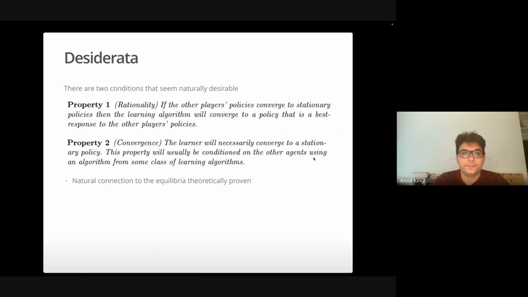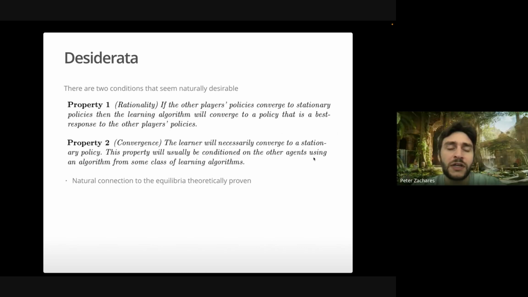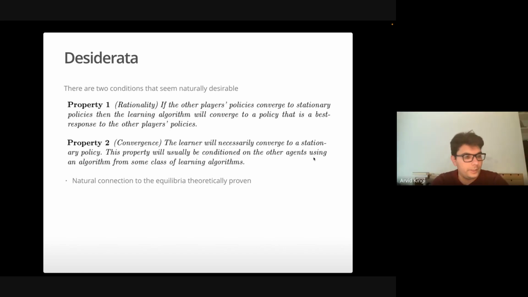Well, if the target is moving based on the other players, why would you want to converge on a policy that's stationary? Because in many games like rock, paper, scissors, you know that a pure best response doesn't exist, right? So you always have a mixture of policies as your stable fixed point.